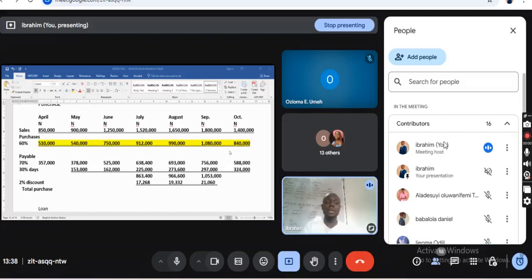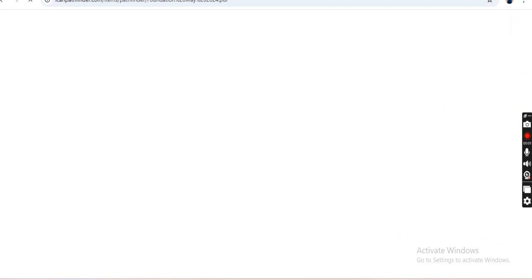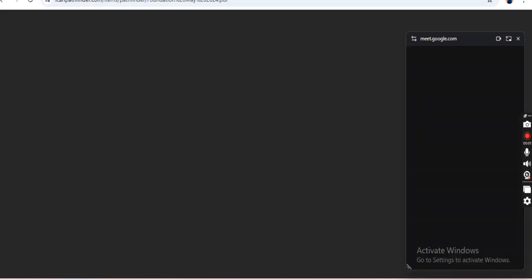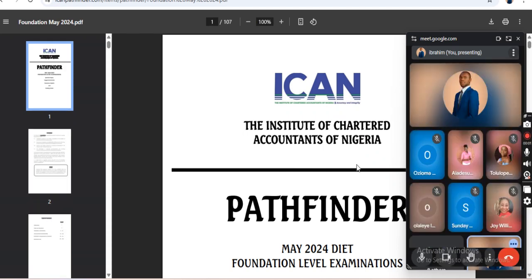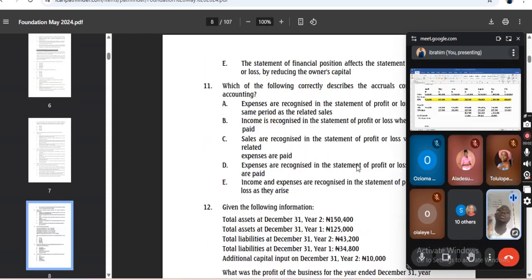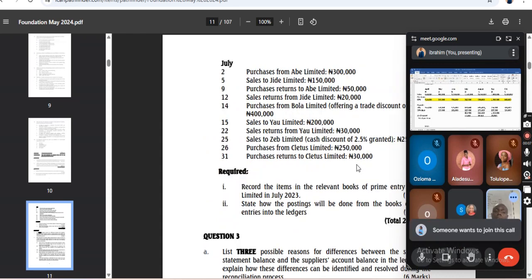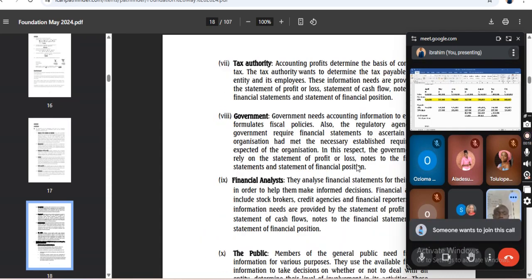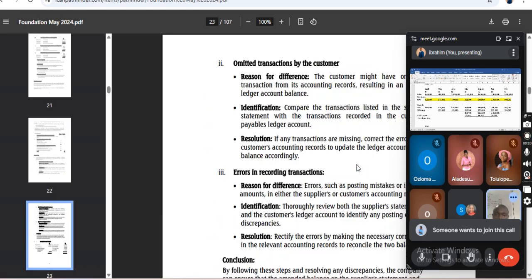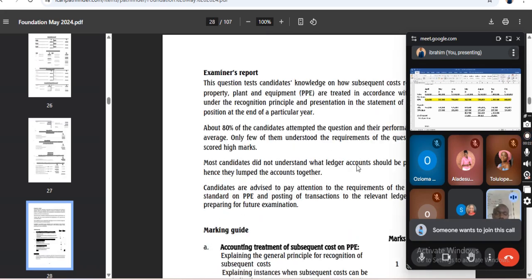So, good day, everyone. Welcome to another edition of Performance Management. In today's class, we shall continue with our lecture on cash budgets. Of course, we have some bottlenecks.